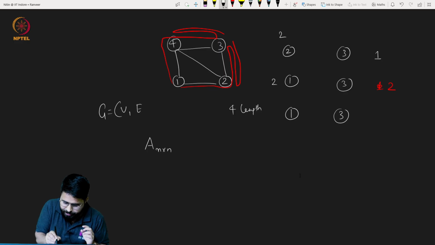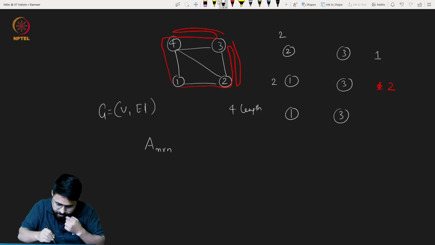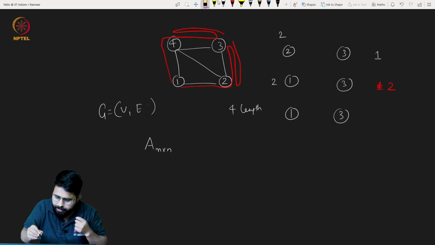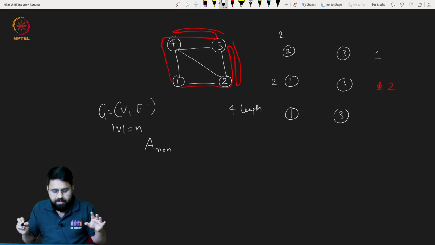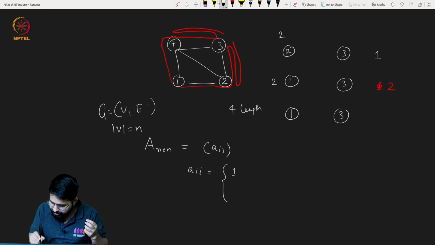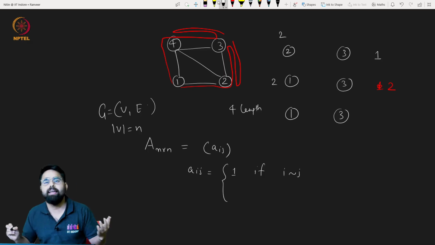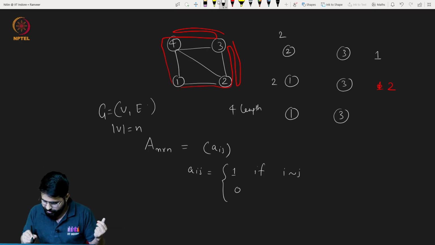Let me write generalized entries to be a_ij. So a_ij is equal to 1 if vertices i and j have an edge between them, otherwise 0.